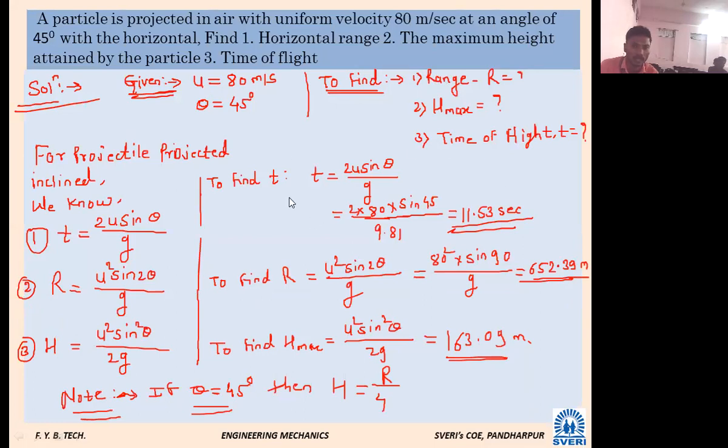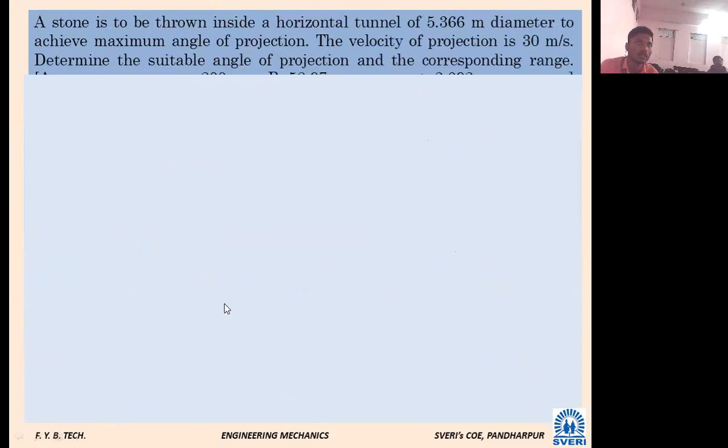And our regular practice in dynamics, not as statics: whatever things are given we should write, what we should find, that also we should write, and finally whatever equations we know that we should write directly, irrespective of which we need to use. That is, which equation it is necessary to use, that we should write, and thereafter we can think. So I hope one problem I have given for homework, is it solved?